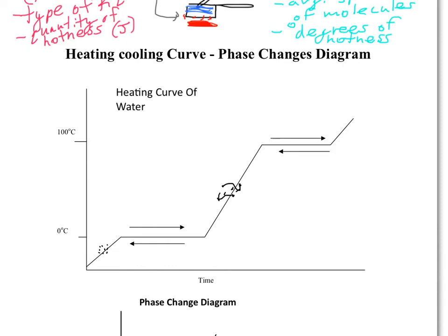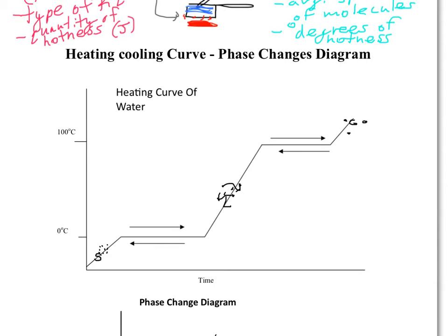And then once I'm above 100 degrees Celsius, then I'm in a gaseous phase where they're free floating all over. Just like in this picture above, if I was to start with ice cubes here, I'd have ice, then water, and then gas flowing out. So we have solid, liquid, and gas.